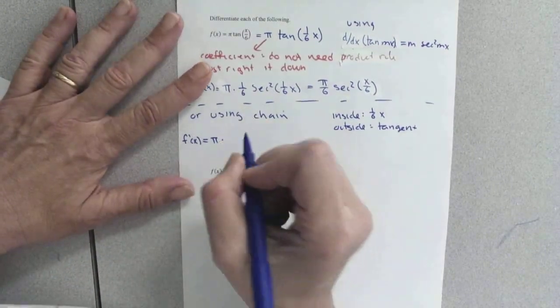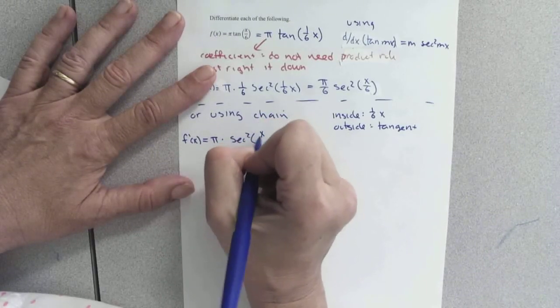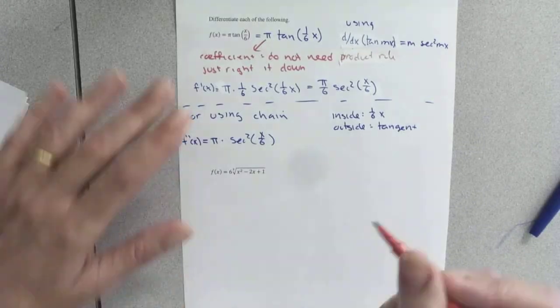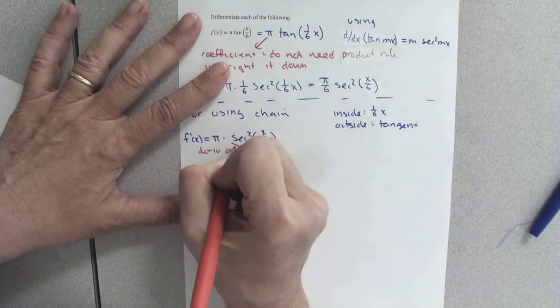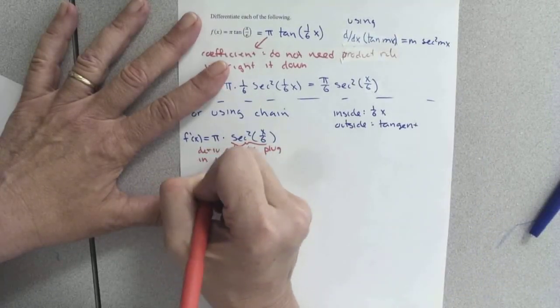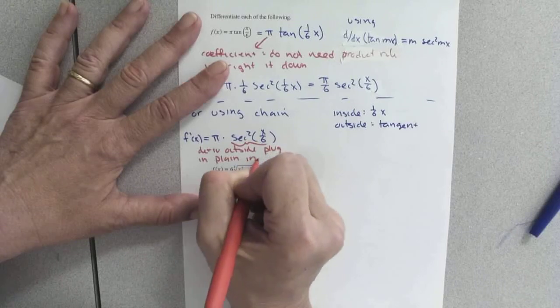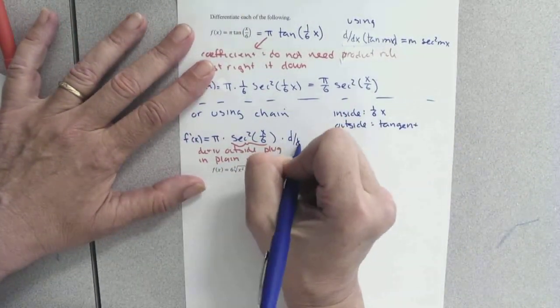It's still just going to stay there. So then I start on the outside. The derivative of tangent is secant squared. The angle doesn't change. So derivative of the outside, plug in the plain inside, then times the derivative of the inside.